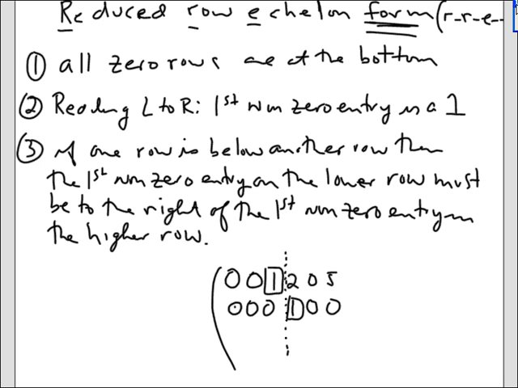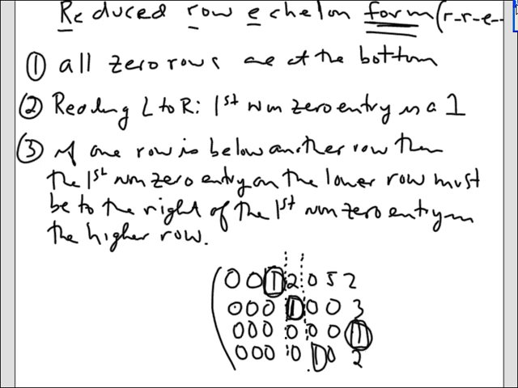That's the first non-zero entry. In the next row, it better be to the right of the 1 right here: 0, 0, 0, 0, 0, 0, and then, let's say, 1. Notice that as I go down, I go to the right. You couldn't have the next row be like this.